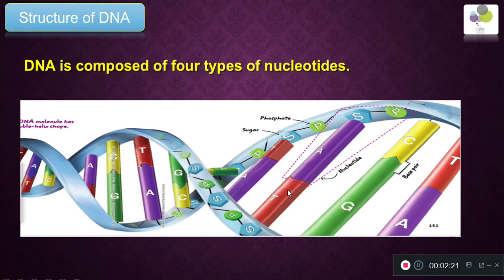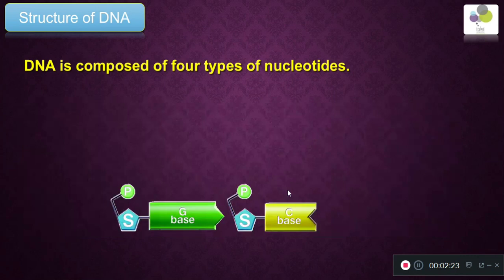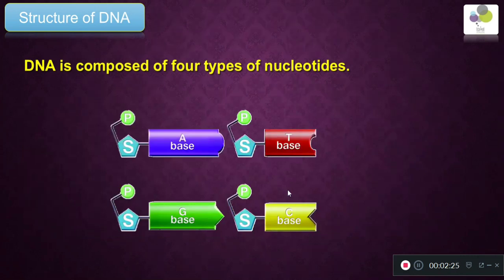So what do these letters stand for, guys? These letters stand for the bases, or the nitrogen containing bases. A stands for adenine, and T stands for thymine. Adenine always pairs with thymine, and we have guanine and cytosine.